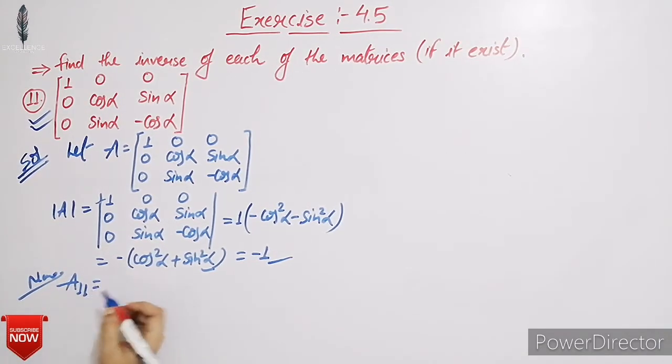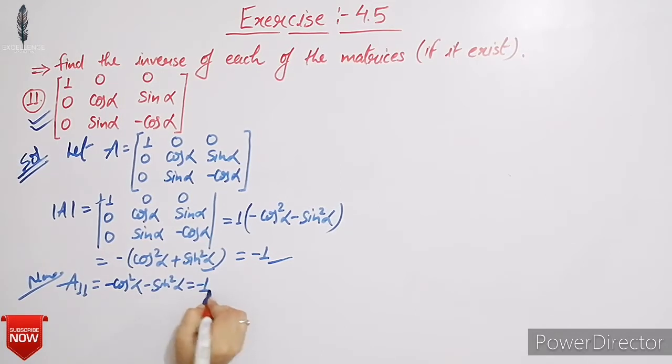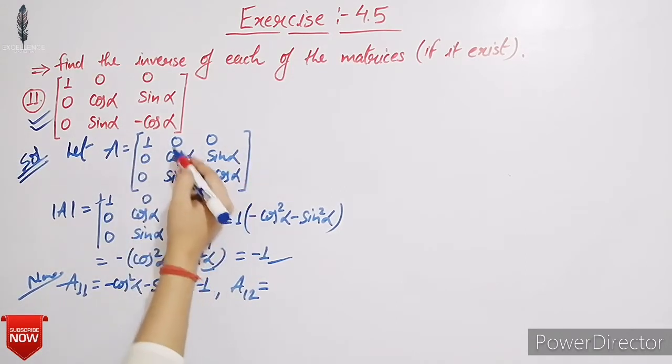So A11 is equal to, on blocking first row first column, -cos square alpha minus sin square alpha, that is equal to -1, and here A12 is 0.